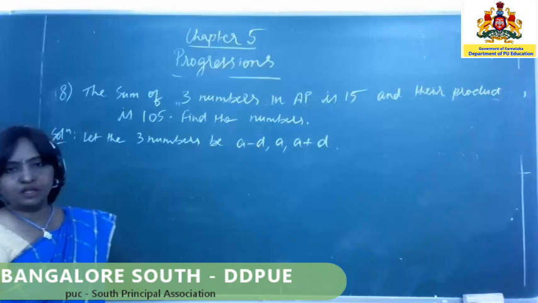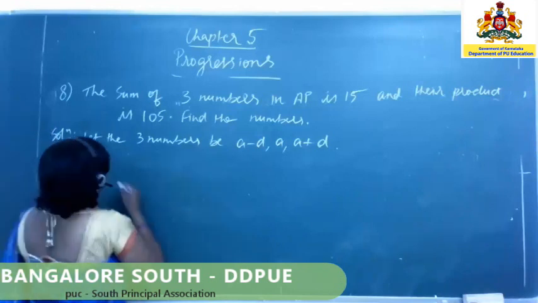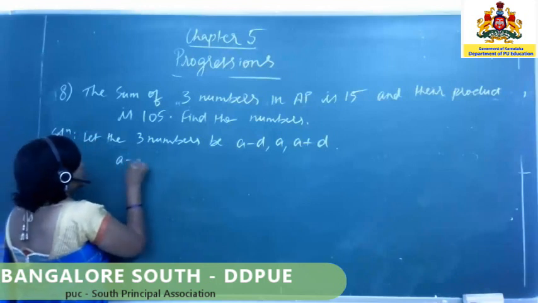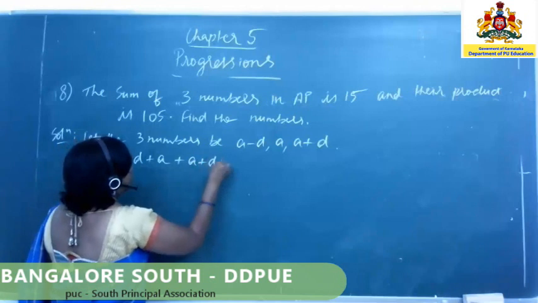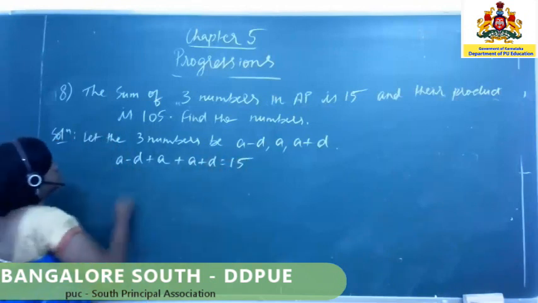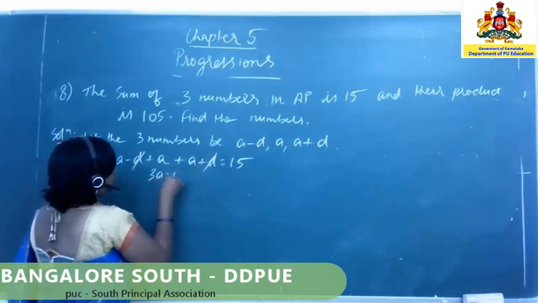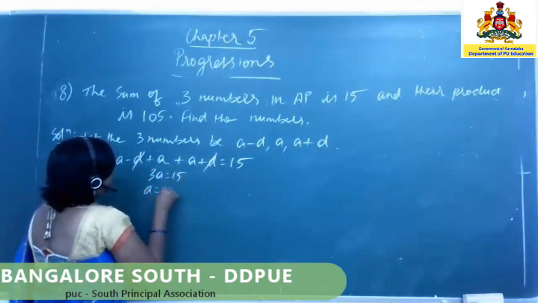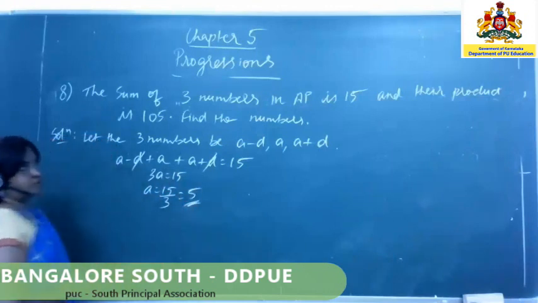They have asked you to find the numbers. Sum is 15, therefore a minus d plus a plus a plus d is equal to 15. So d and d will get cancelled. 3a is equal to 15. a is equal to 15 by 3, that is equal to 5.